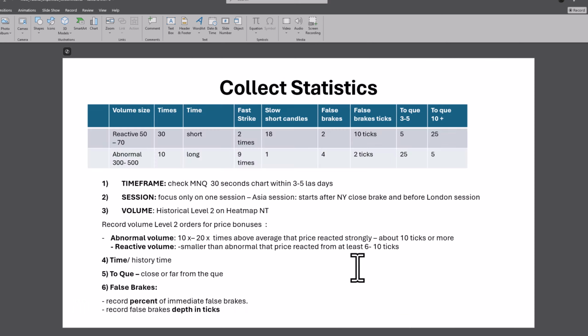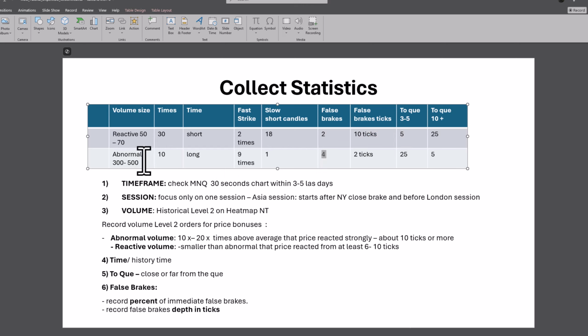This is exactly the chart that I learned by studying yesterday and 2 days ago. I studied how often false breaks happen on the reactive volume of 50 to 70, or on the abnormal volume of 300 to 500.